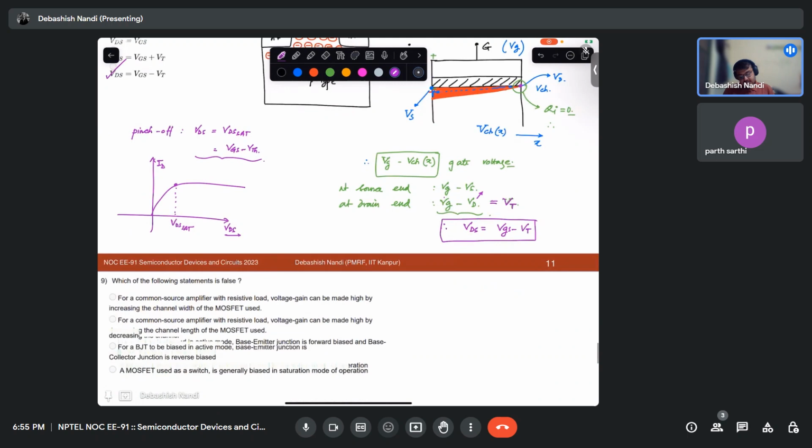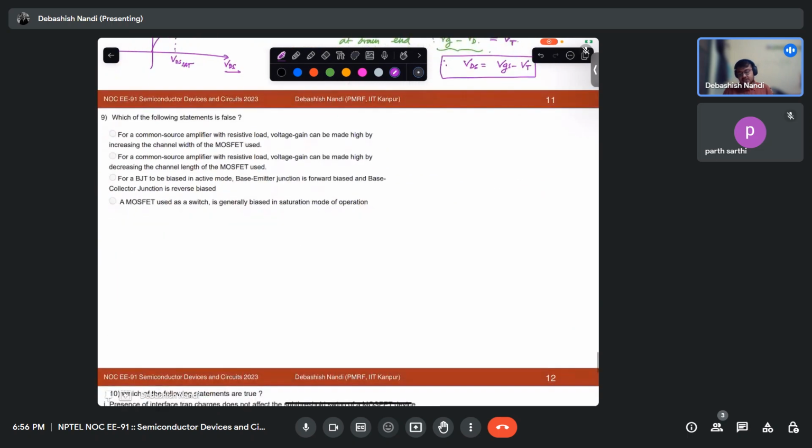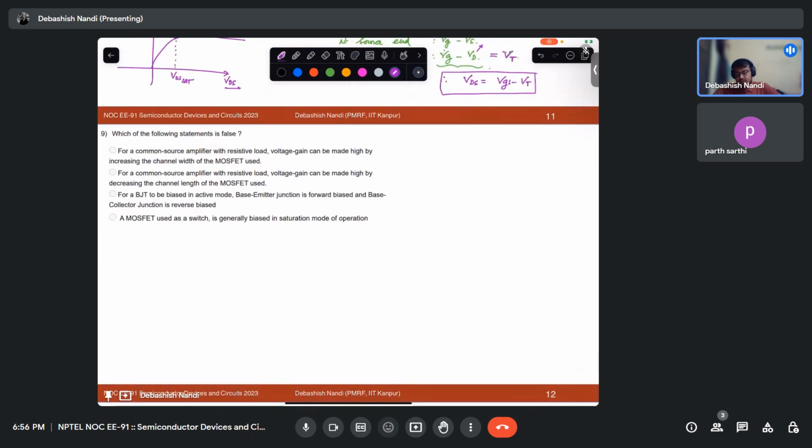So let's move on to the next point. The next question: which of the following statements is false? For a common source amplifier with resistive load, voltage gain... what is a common source amplifier? This is a common source amplifier, right? Vin, the source is common, and you have some RD and some VDD here.